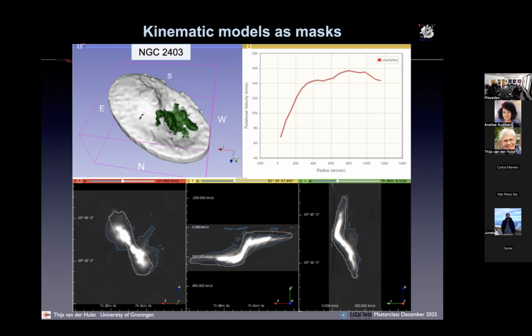And it's shown here as green, and if you turn it around, there's also some stuff at the other side, which now you don't see because the surface that you painted is in the way. And this is anomalous gas on the northwest side of NGC 2403, which connects to gas farther out, which is not co-rotating, and it's this gas in this position-velocity slice that you see here. Some of it is here, but here it's clear.